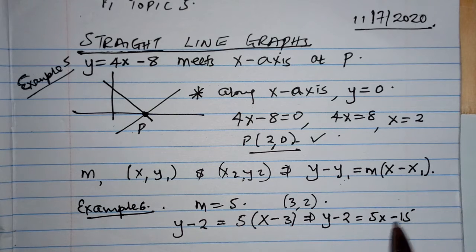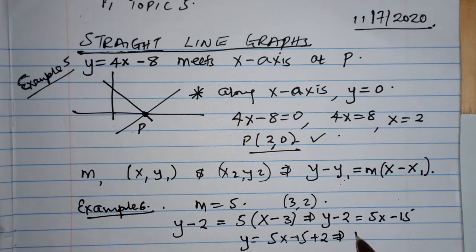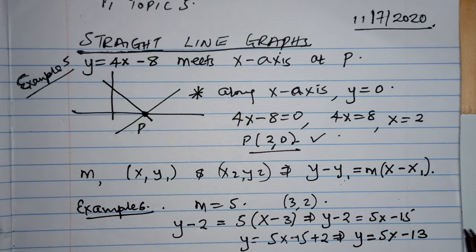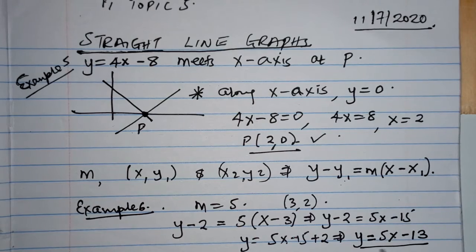You open that bracket. What we have now in terms of y is y equals 5x minus 15 plus 2, which gives us y equals 5x minus 13, and that becomes the equation of that straight line.